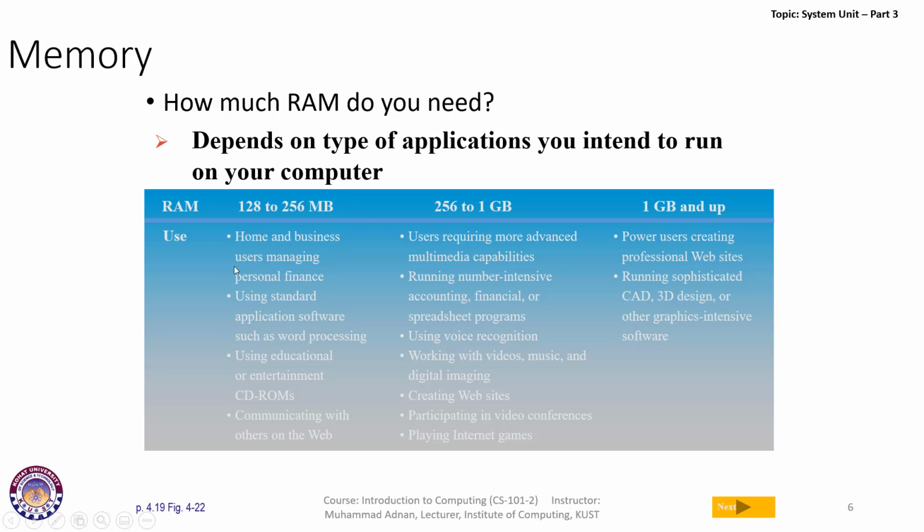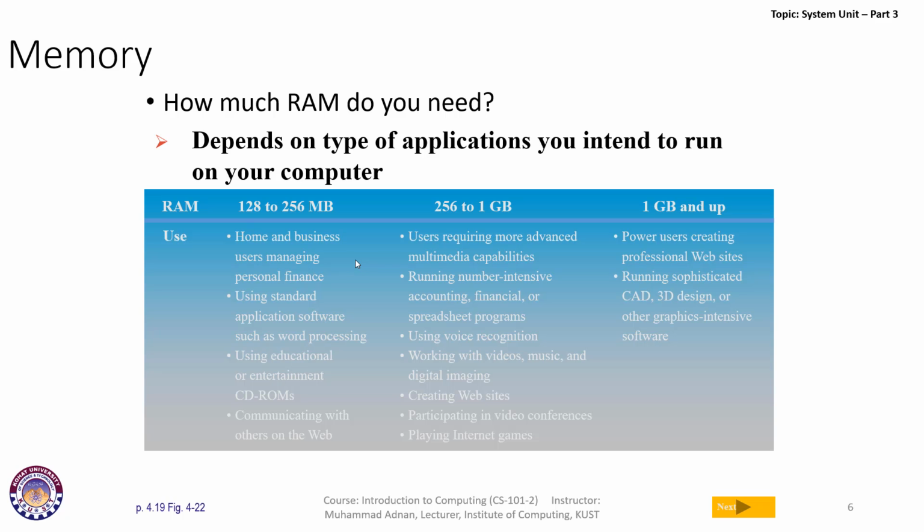So what do you do while you are working on a computer system? Home and business users manage personal finance, using standard application software such as word processing. Microsoft Word is now a very enhanced and heavy software, so you need a good RAM.